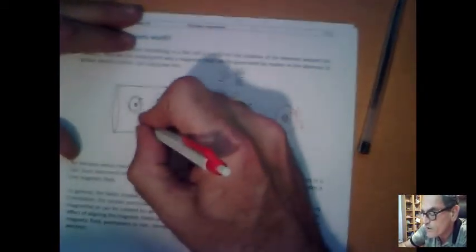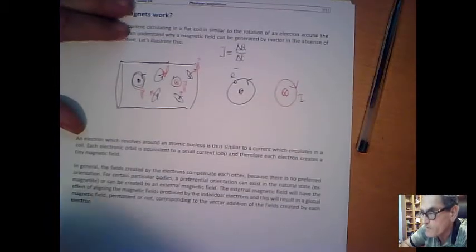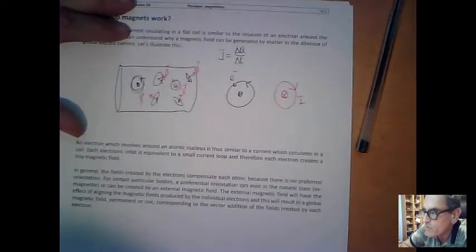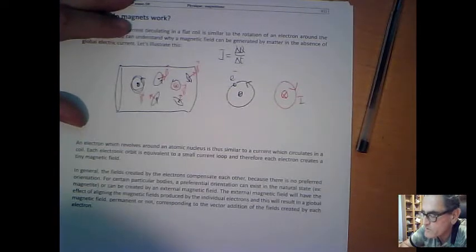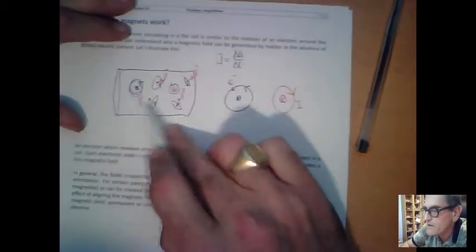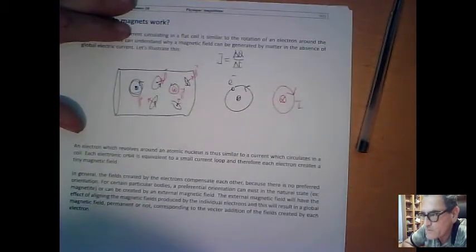So you understood what I want to mean is that in ordinary matter, not in all substances, but in many metallic substances, you have small magnetic fields which are attached to every atom, okay?